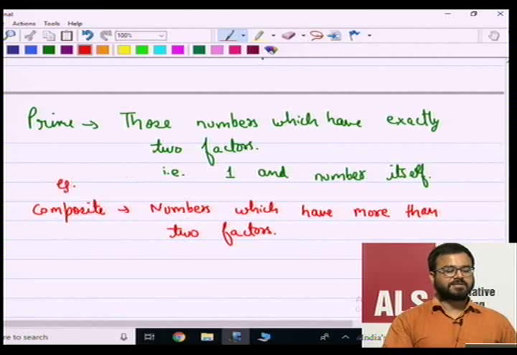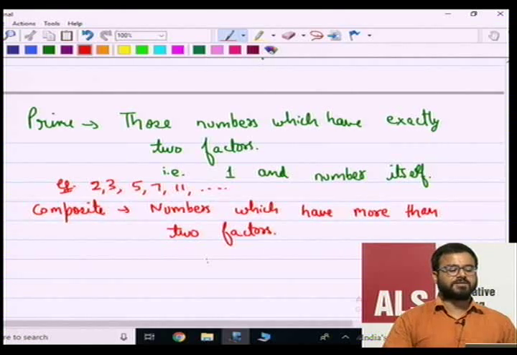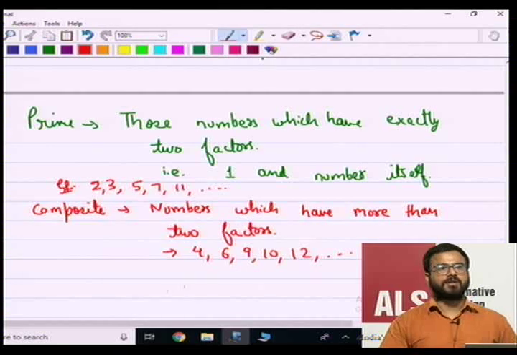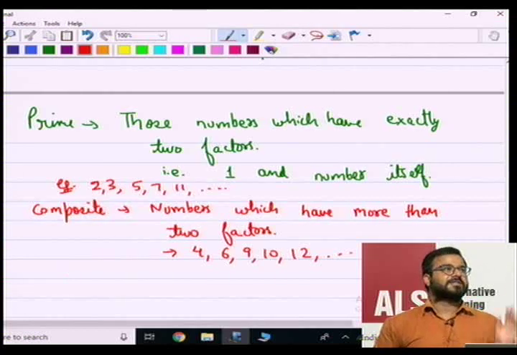Prime number examples are 2, 3, 5, 7, 11. These are the prime numbers. For composite numbers, we can take examples like 4, 6, 9, 10, 12. These are the composite numbers. And yes, a negative number can also be prime, it is just the sign.